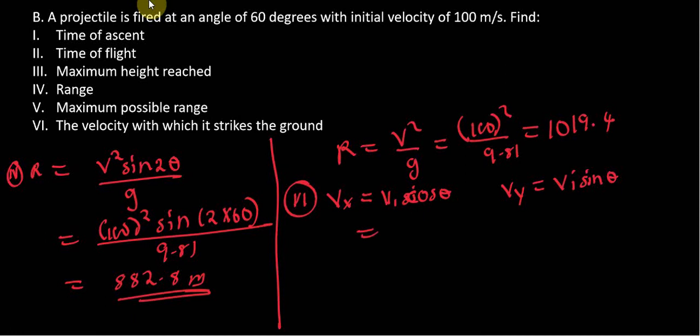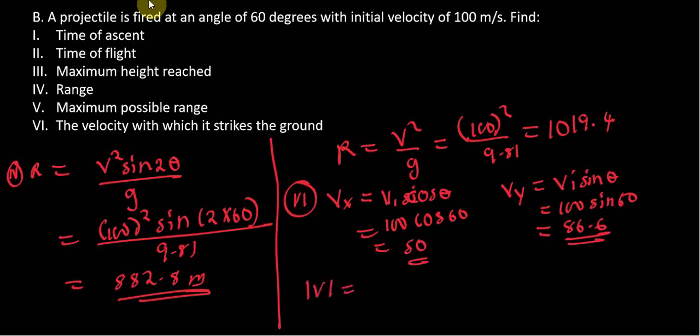So that one will be 100 cos 60, then this side it is 100 sine 60. When you do that, you shall get 50, and this side you shall get 86.6, like that.